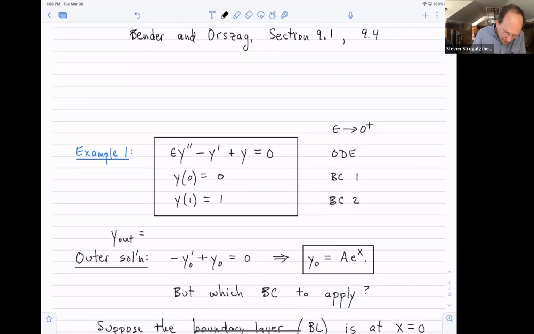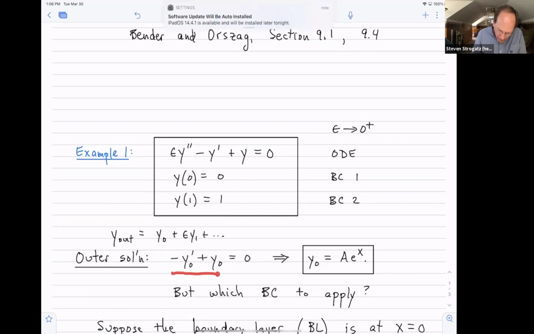We're going to expand in a perturbation series as y0 plus epsilon y1 plus, etc. So at that lowest order, the y0 equation will satisfy minus y0 prime plus y0 is 0.